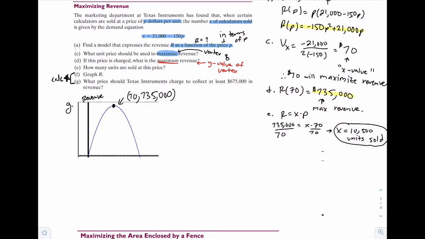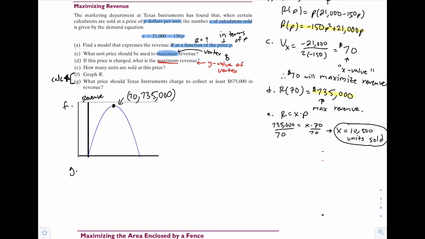Let's go back. So now it says, what price should TI charge to collect at least 675,000 in revenue? So essentially it's saying, oh, let's fix that. That's not G, that's F. G is saying, what price should they charge to collect at least 675,000?